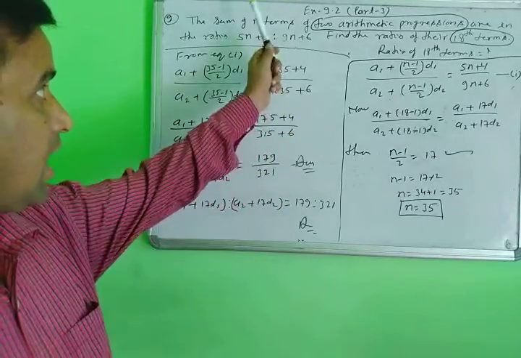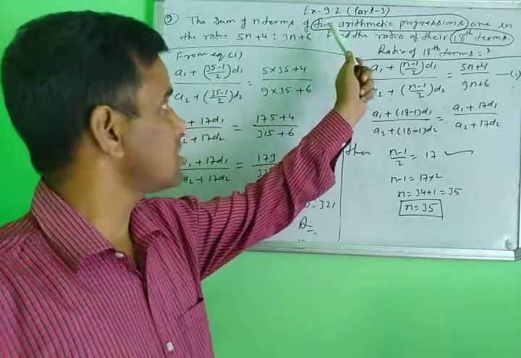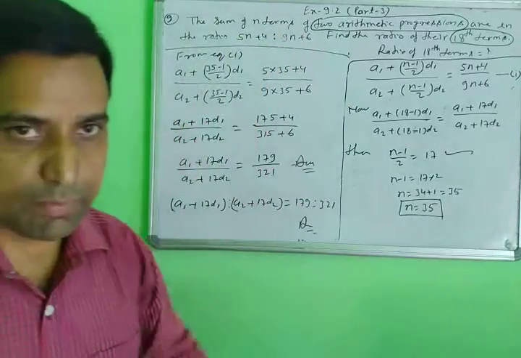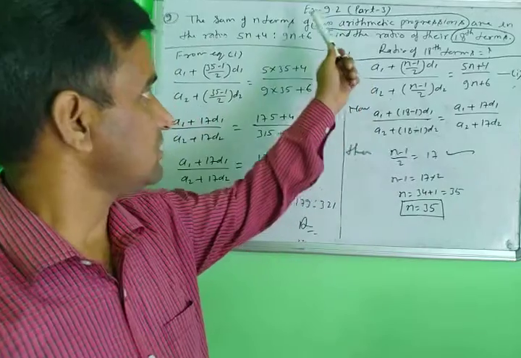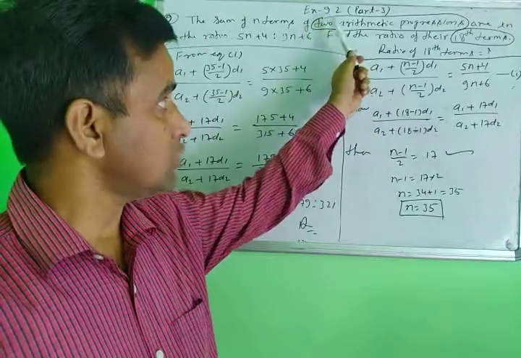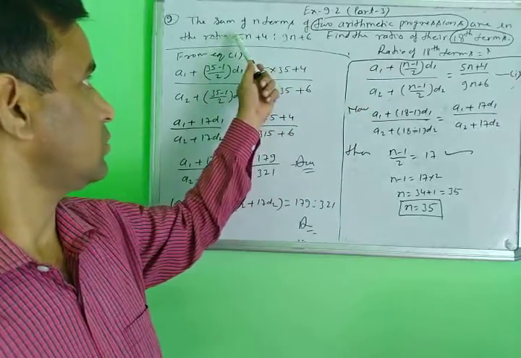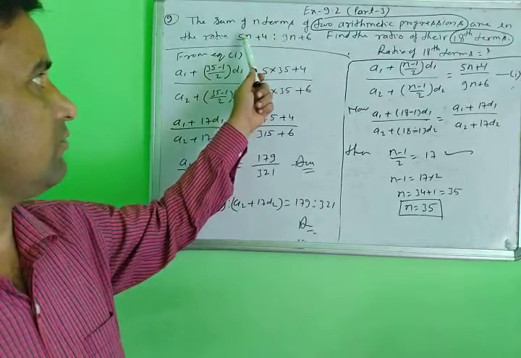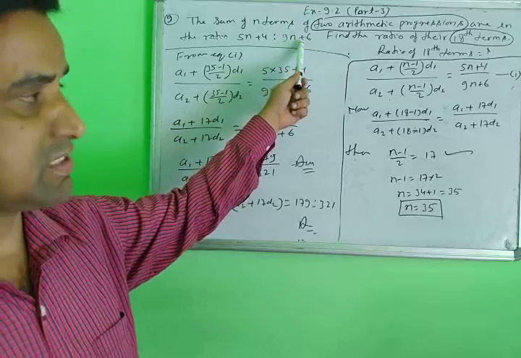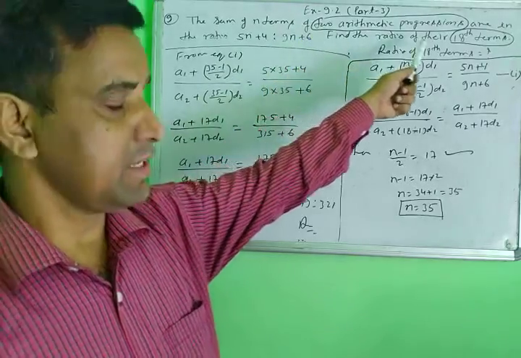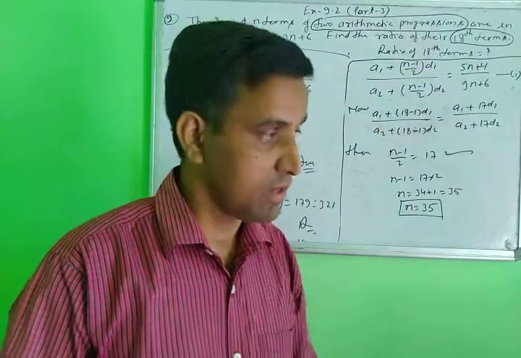In every question of this type, two APs are given along with the ratio of the sums of the two APs, 5n plus 4 and 9n plus 6, and then you find the 18th term ratio, not the sum ratio.